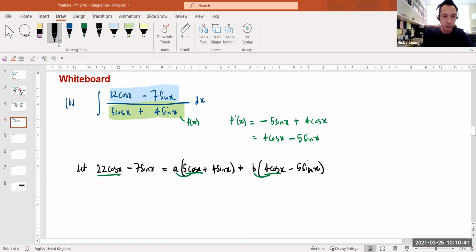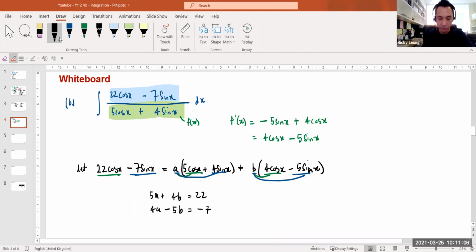So 5A plus 4B equals 22, and then -7 sine x is going to be A times 4, and then B times -5. So I get another simultaneous equation: 4A minus 5B equals -7.